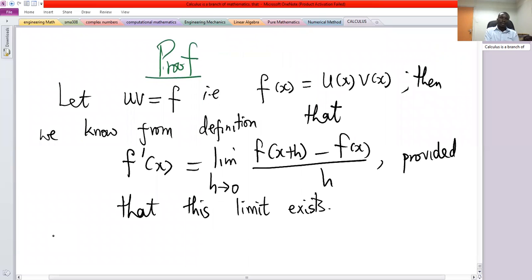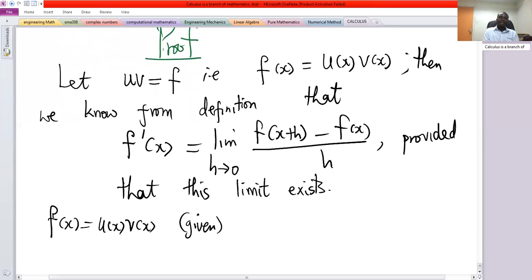So if f of x is given by u of x and v of x, this is already given. And then if you say f of x plus h, then you write u of x plus h and then v of x plus h. That's what you have.